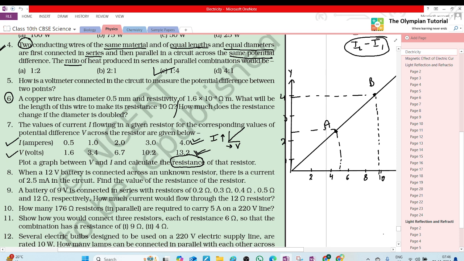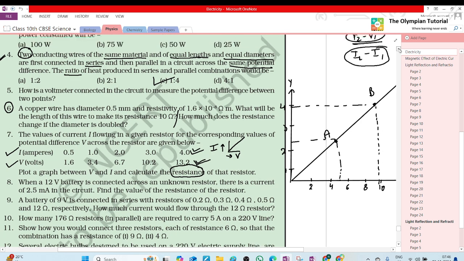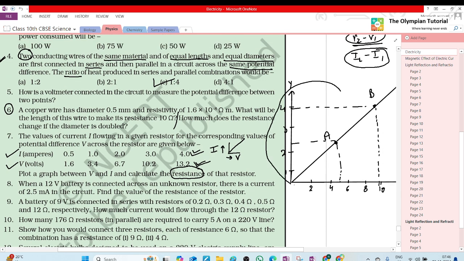Just a second. Okay, Aikta, you have taken 2 points. Ma'am, we have to take the points that are plotted on the graph? Yes, any. You take according to your graph. This is the rough graph. Ma'am, I've taken according to my graph. Okay, that's okay.